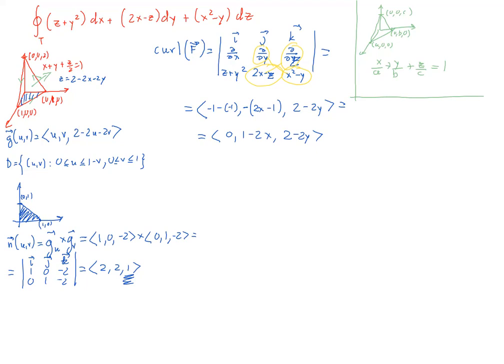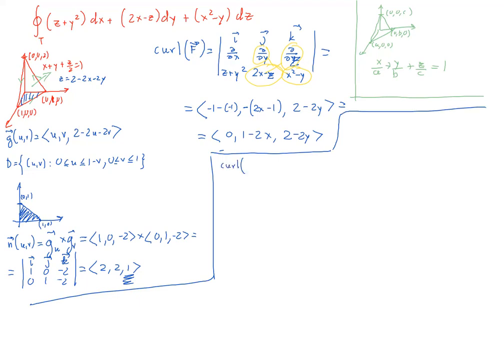So let's consider now the pullback of the curl, I'm sorry, of f on the domain of the parameterization. Simply put, we just need to compose the curl with the parameterization.